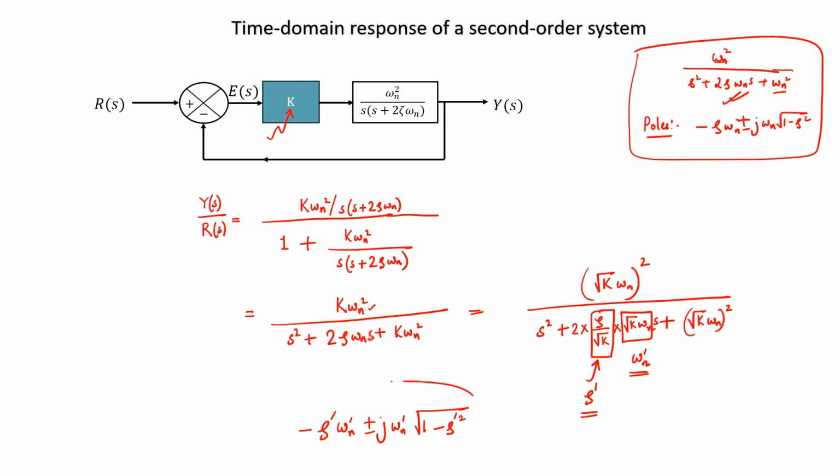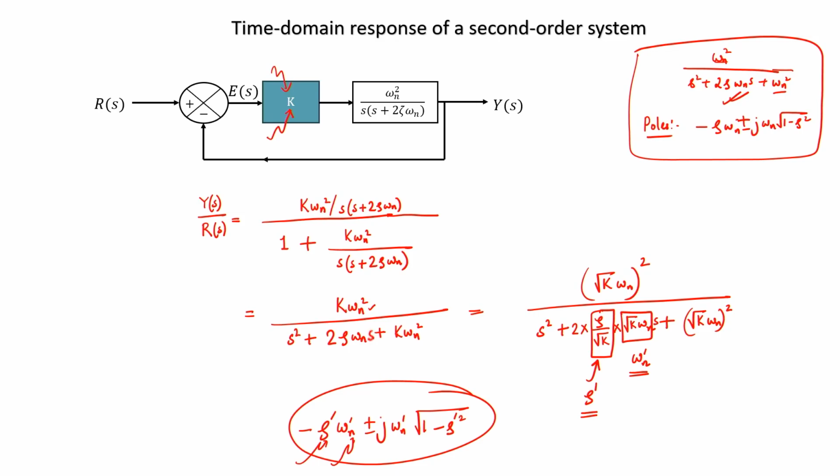This will be the new pole location, and you see here zeta dash and omega n dash are being changed by k, which means I am able to change the location of the closed loop poles using this k. And this means, suppose something is underdamped, you can actually change the closed loop pole locations and make it overdamped also, by changing the value of k.